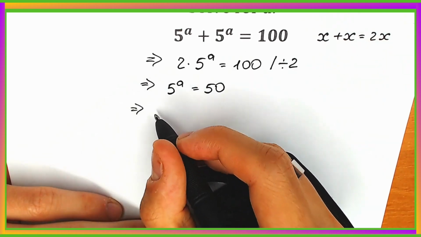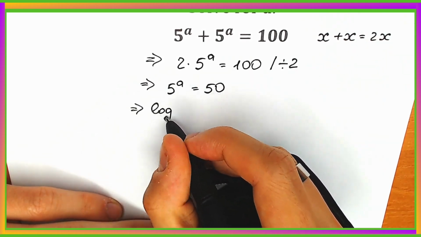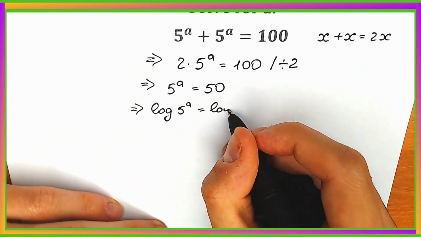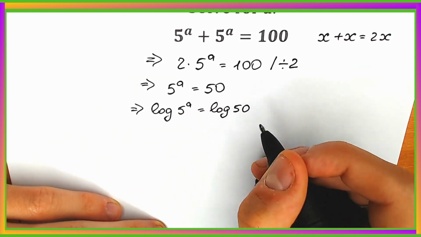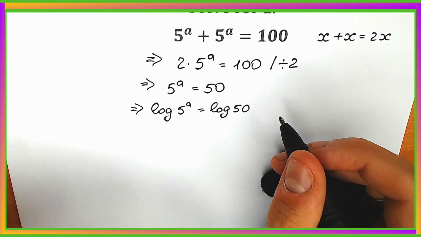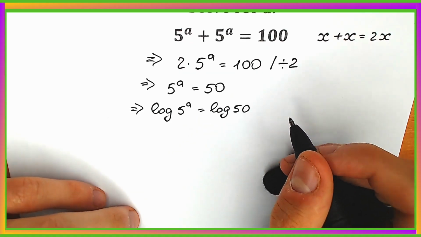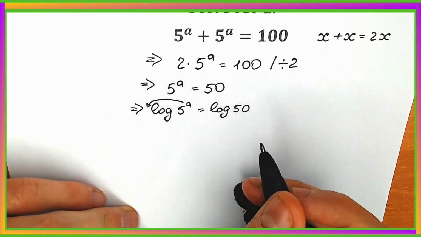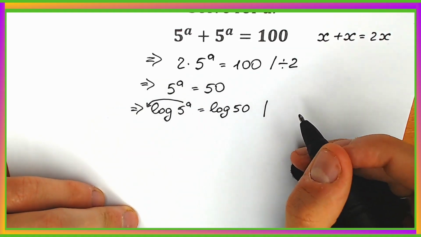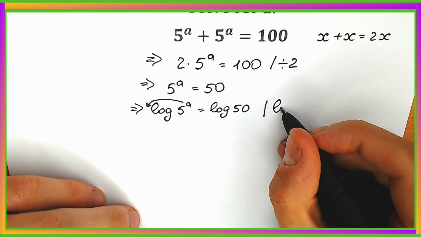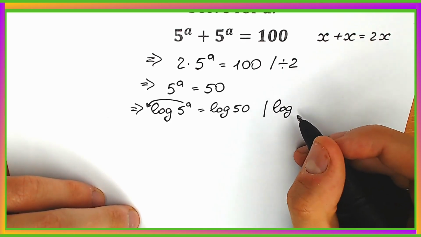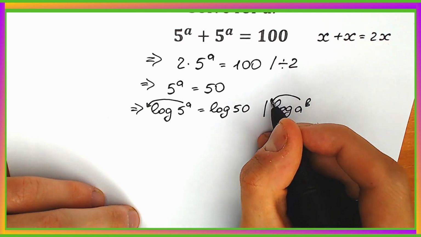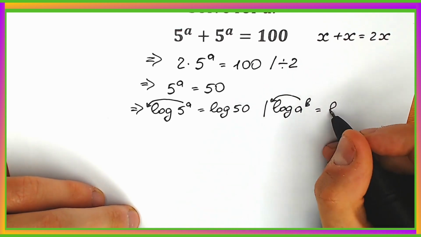So let's apply log. We have log of 5 to the power a equals log 50. We apply it on both sides, without any problems. In terms of this property, this a will come down right here, because in terms of log there's a really interesting property: when you have log of a to the power b, this b we can write in front, so we will have b log a.